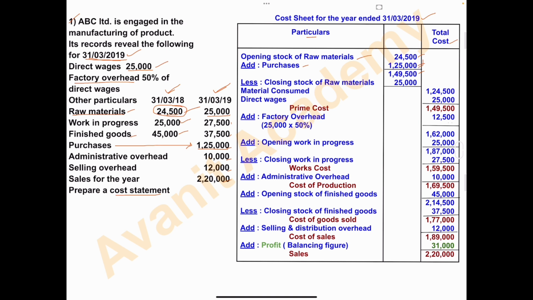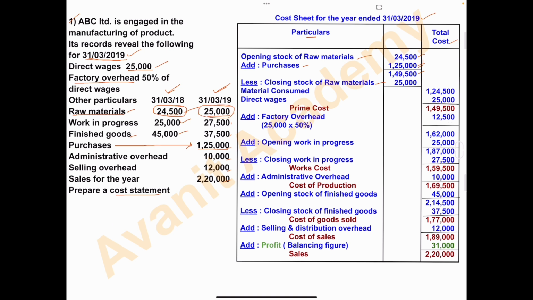So after taking opening stock of raw material and adding purchases, we have to deduct the closing stock of raw material. Less closing stock of raw material. So closing stock of raw material amount is 25,000.